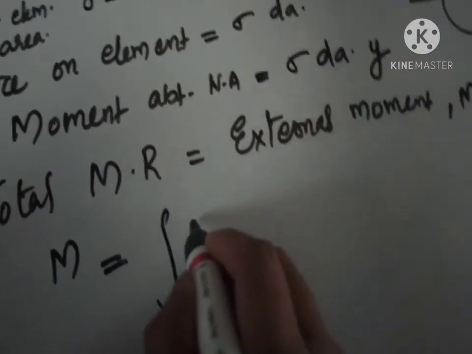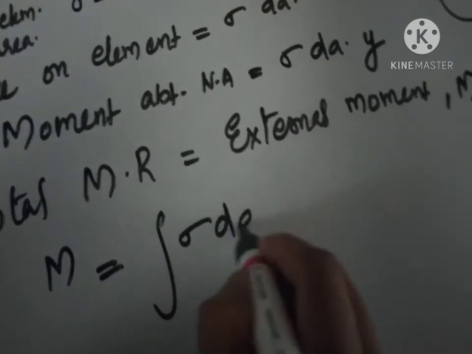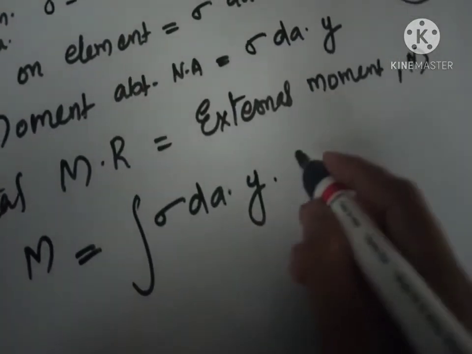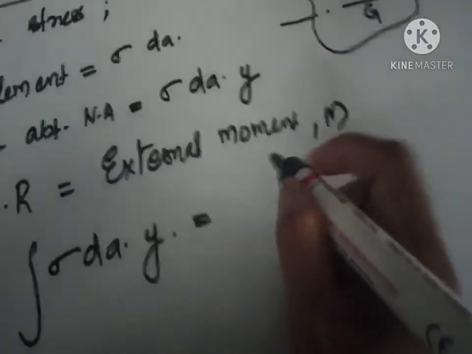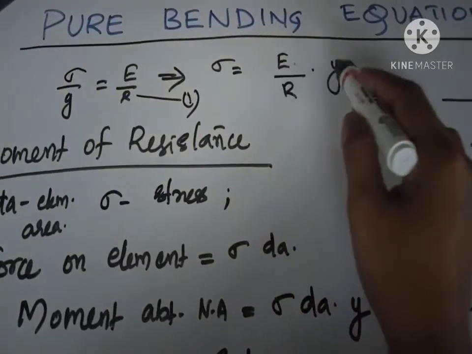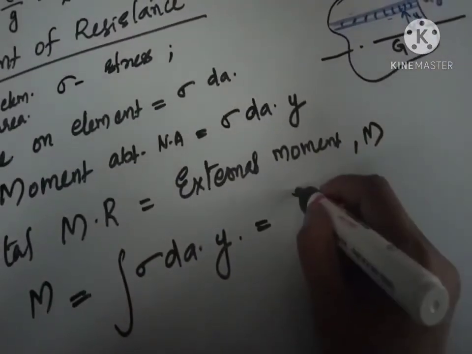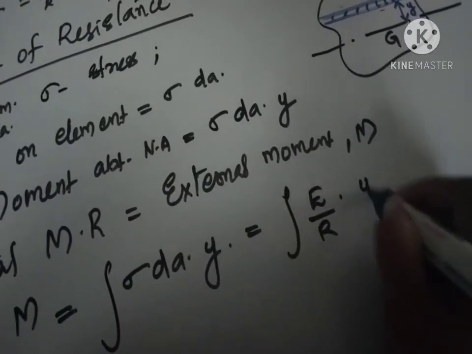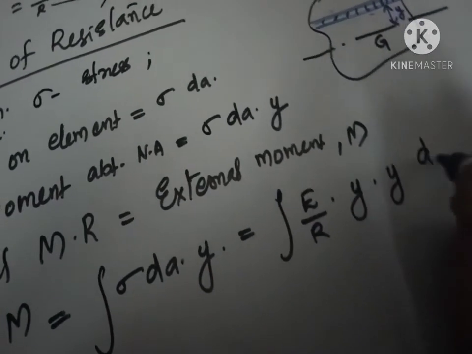So that is integral sigma dA into y. Sigma you can write as E by R into y. That is integral E by R into y into dA.